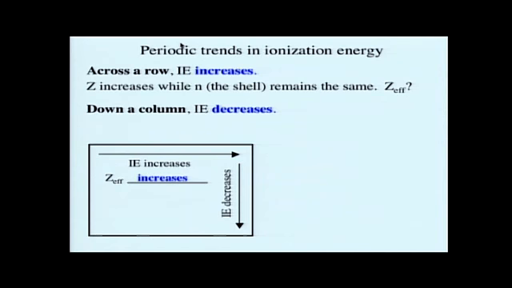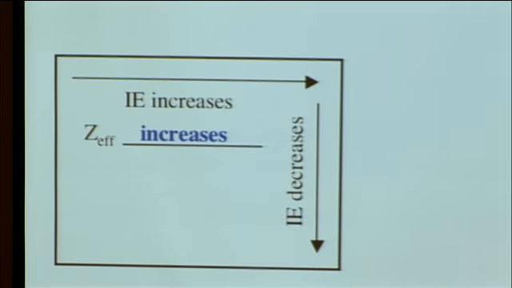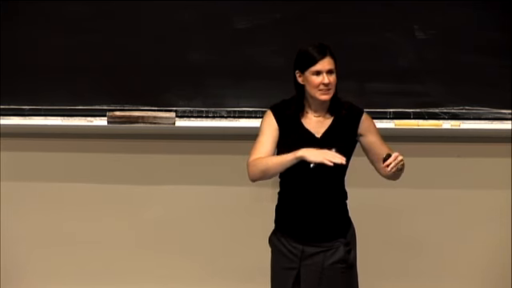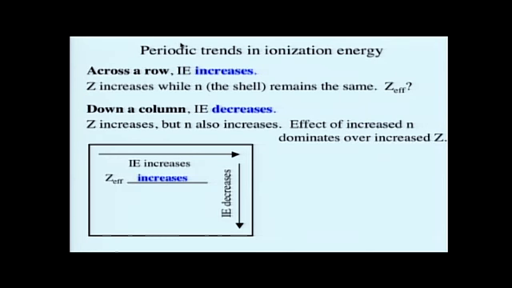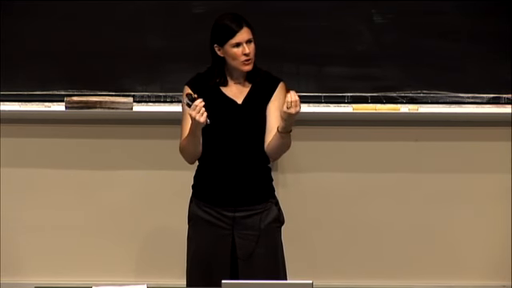As we go down a column, the ionization energy decreases. We can also think about this in terms of Z effective. This is because even though Z, the atomic number, is still increasing, we are also getting further away from the nucleus. So remember, when we talk about Coulomb force, what's holding the nucleus and the electron together, there are two things we need to think about.